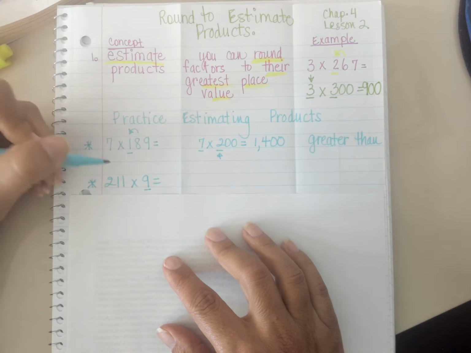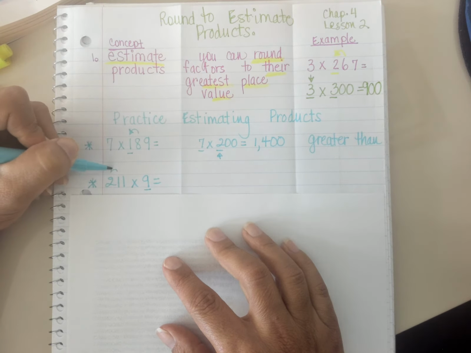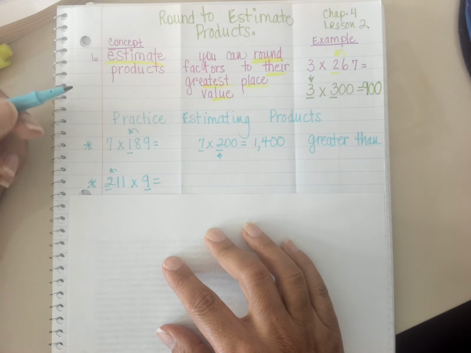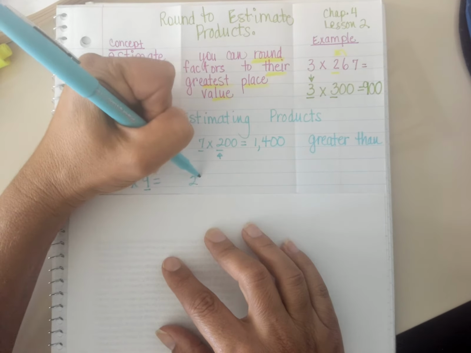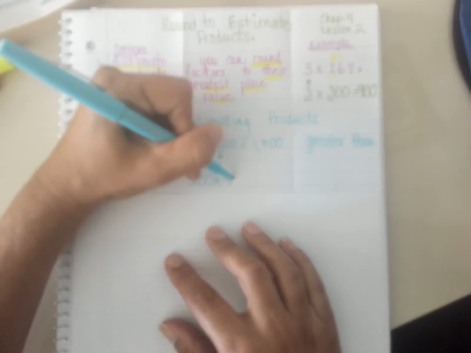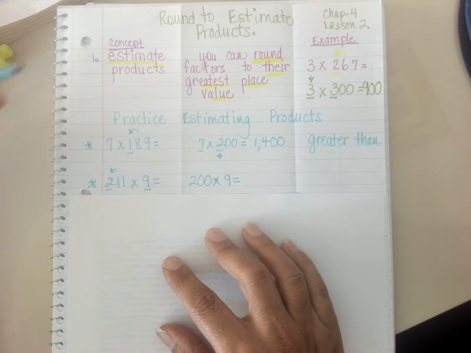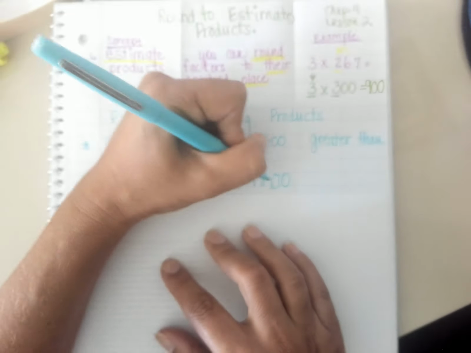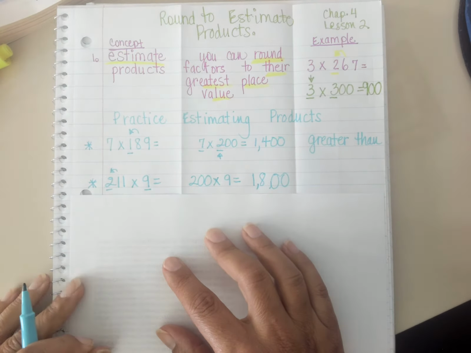Okay, so we're going to multiply 9 times, well, look at the neighbor to the right. It's pretty tiny, so nothing's going to happen to that 2. It rounds down to 200 times 9, and you get 1,800.